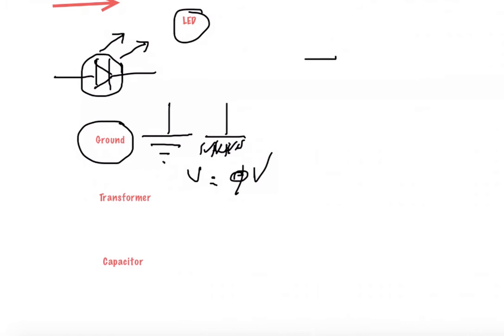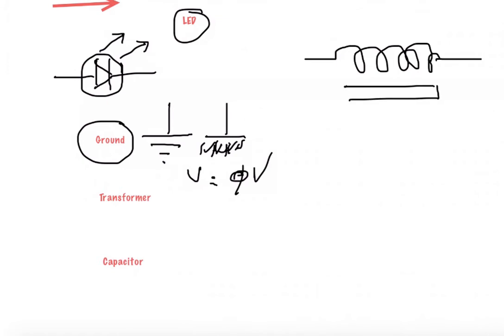So as we've done before, the spiral, and there is a core in between. So we have actually two types of spiral. They are not attached together, but just through magnetic field, you have the current and the voltage transmitted. So this is called the transformer.